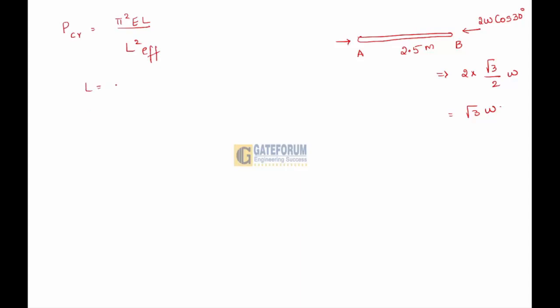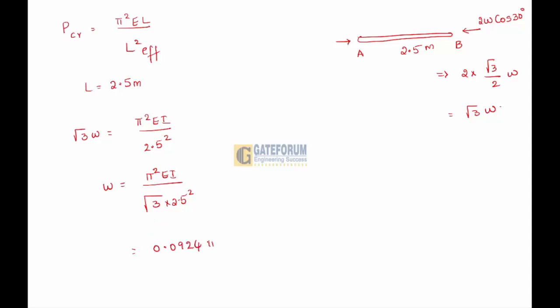The length is 2.5 meter. So root 3 W is equal to pi square EI by 2.5 square. That is W is equal to pi square EI by root 3 into 2.5 square. From here, if you simplify it, W is 0.0924 pi square EI.